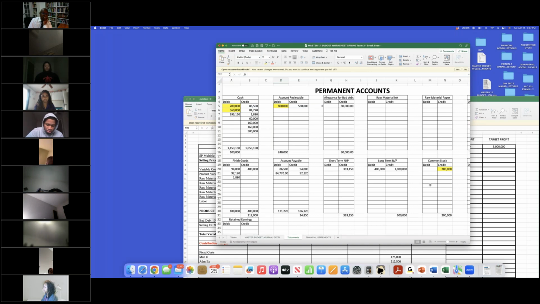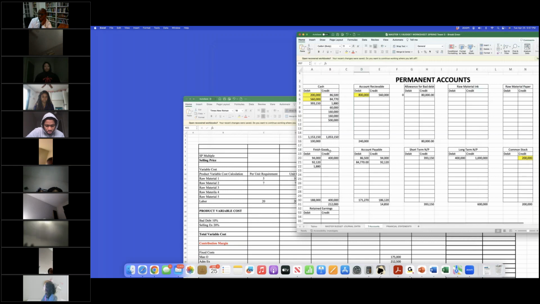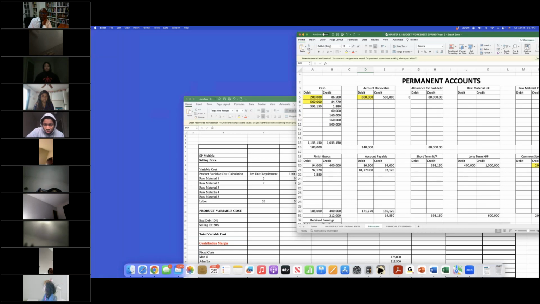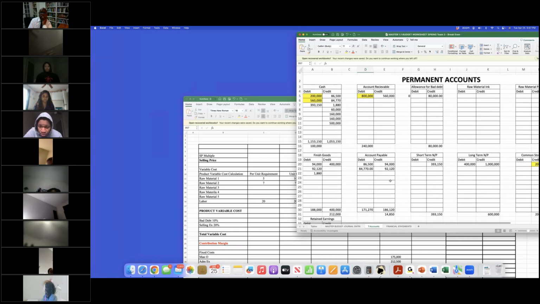When you put 400,000 in here, does everyone see the 400,000? Everybody see the finished goods account? Yes, sir. When we look at this account, we've got debits of 188, but credits of 400,000. So we're showing inventory with a credit balance, and that should never be the case.